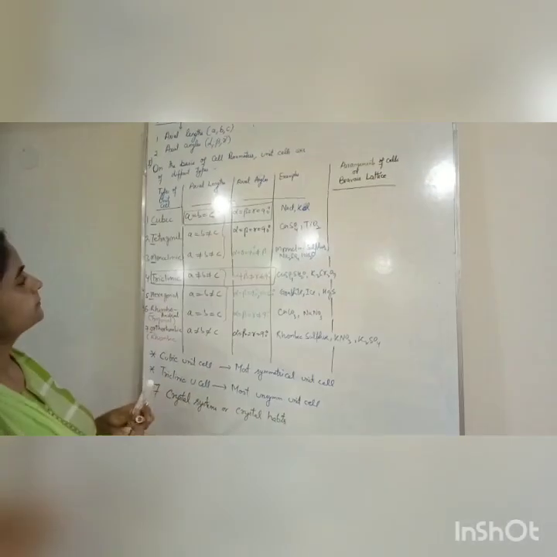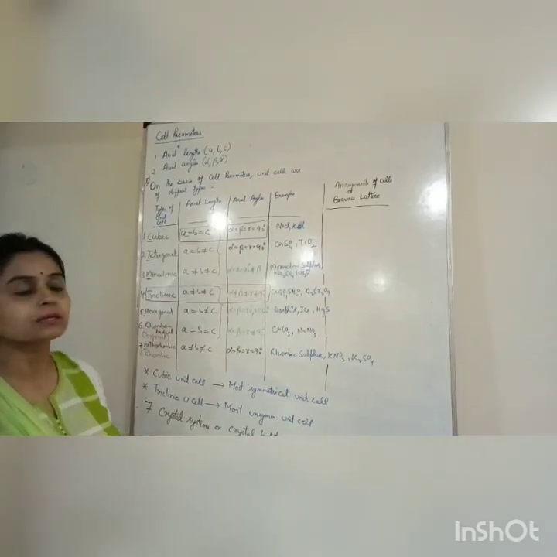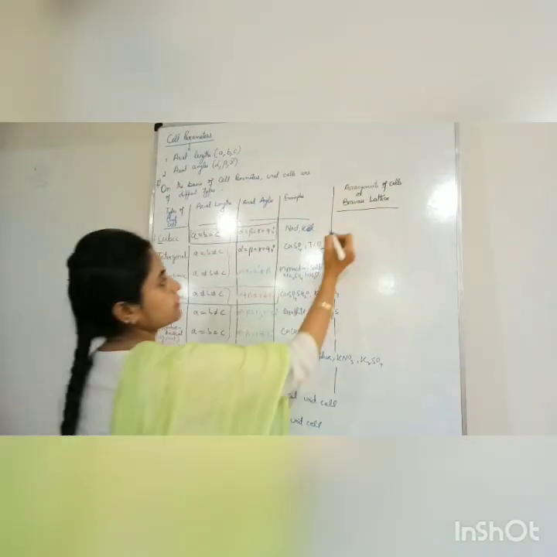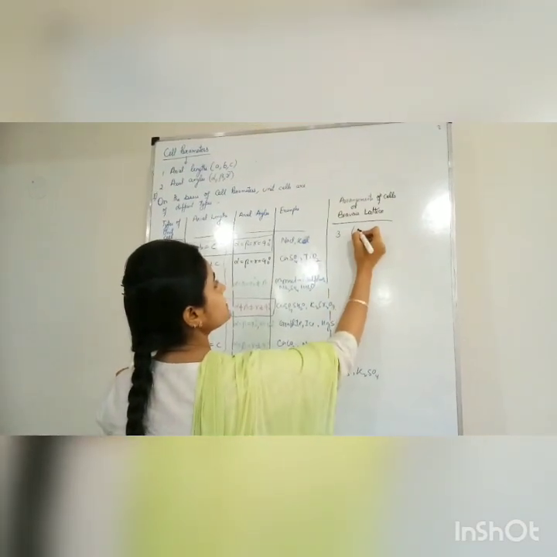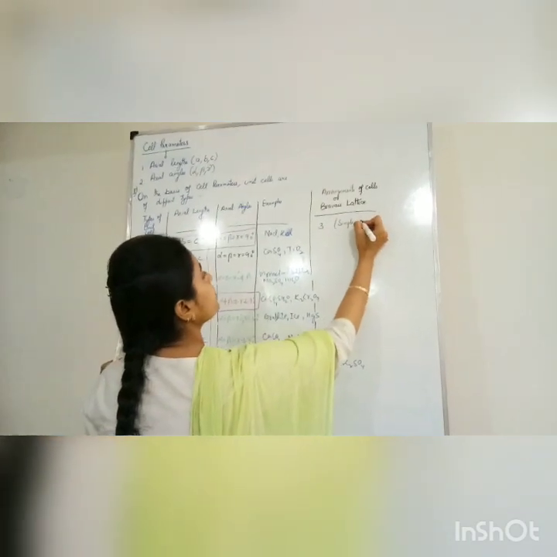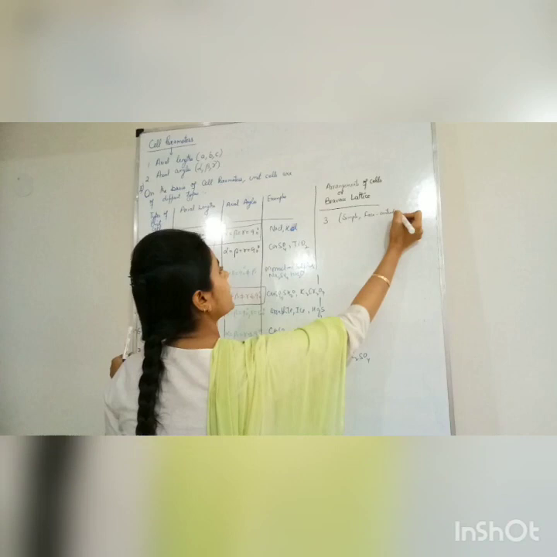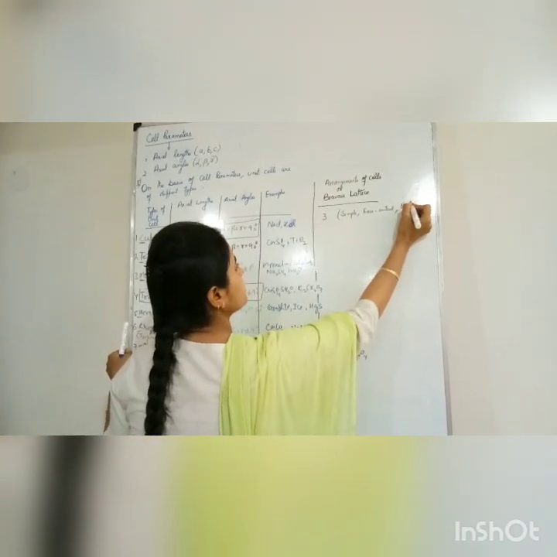Under cubic unit cell, atoms can be arranged in 3 ways: simple, face centered and body centered.